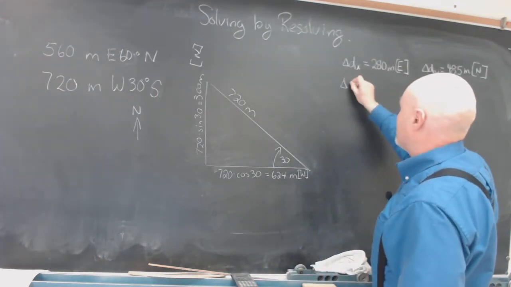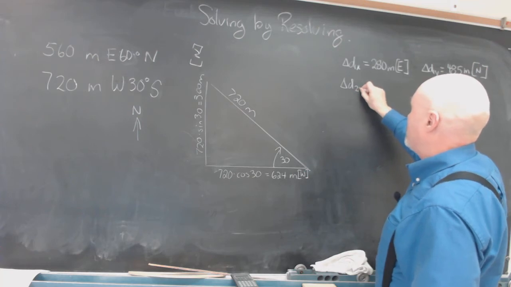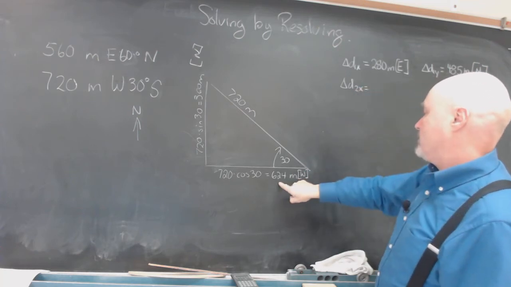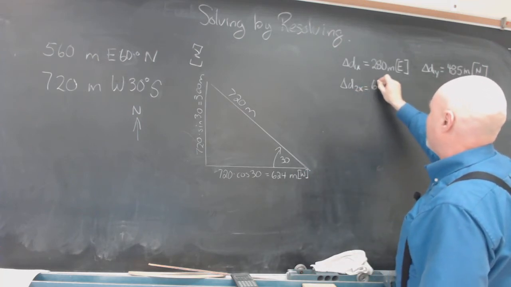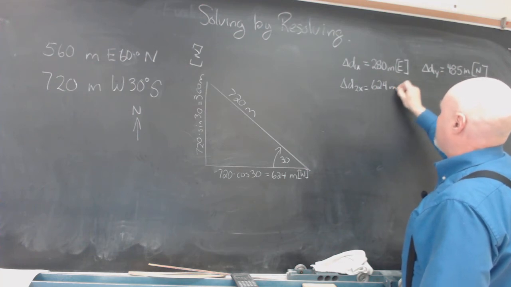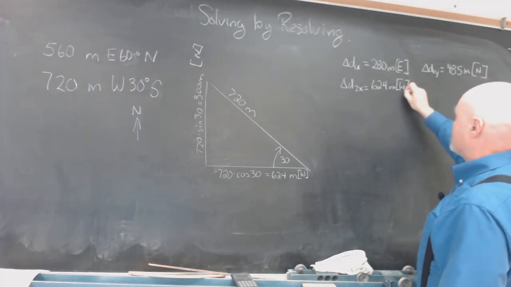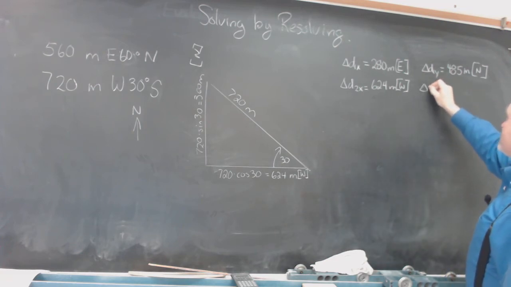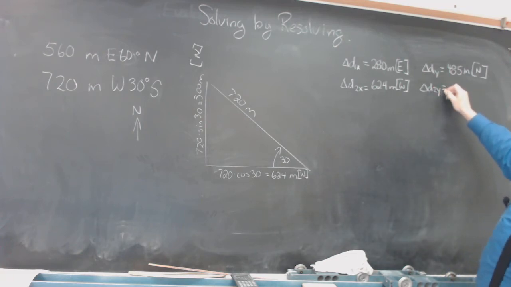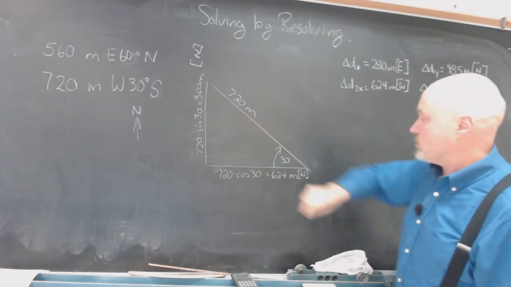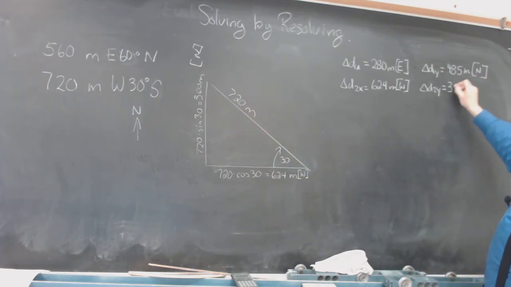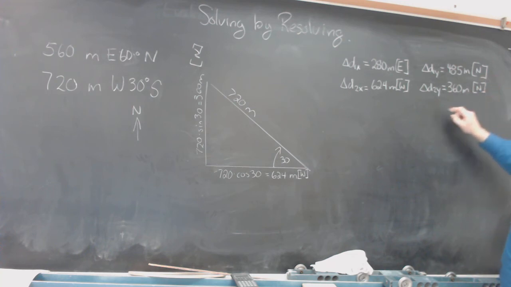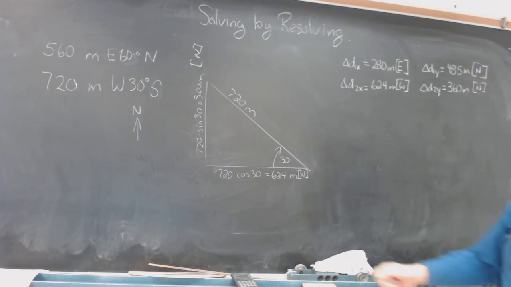So this is delta d2x, and this is 624 meters to the west, which is opposite this direction to the east. And delta d2y is 360 meters to the north, which is the same as the original.